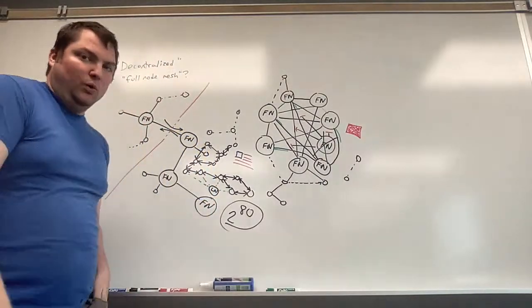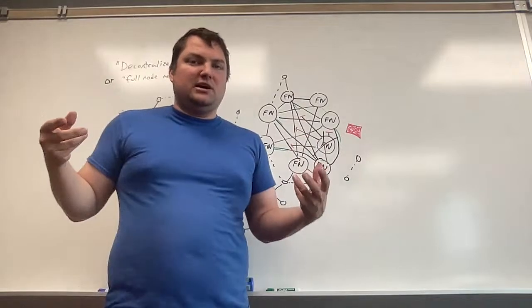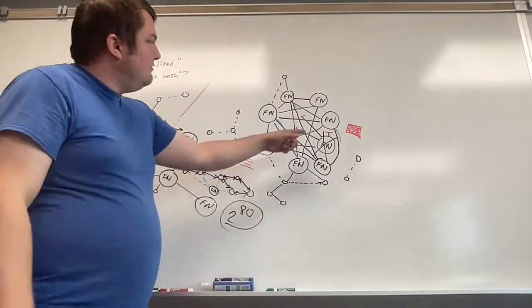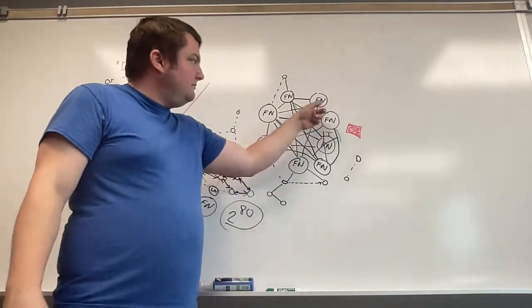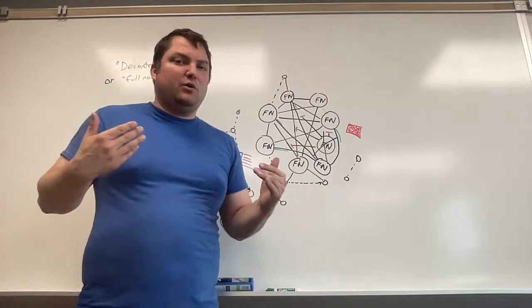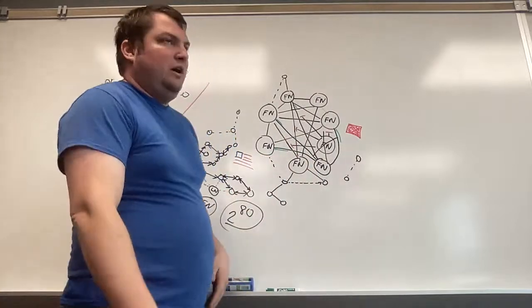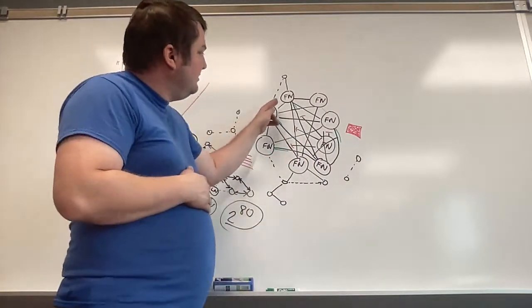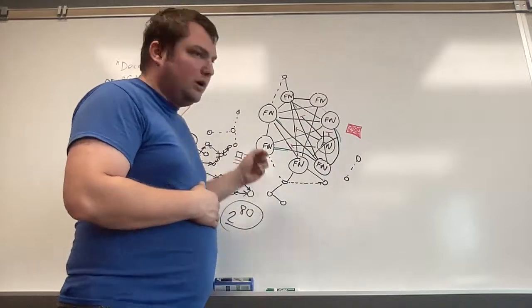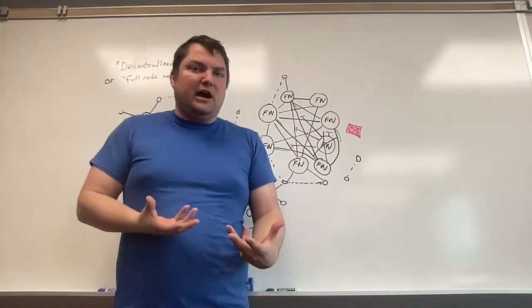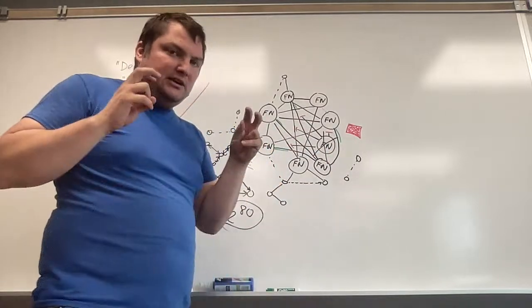Decentralization, the word, means it's not centralized. Okay, so by definition, if your graph requires a flow and you want to get rid of this min cut right here, what do you have? Well, you want a complete graph to be the center.